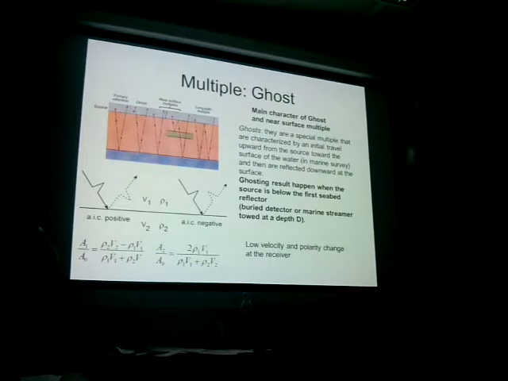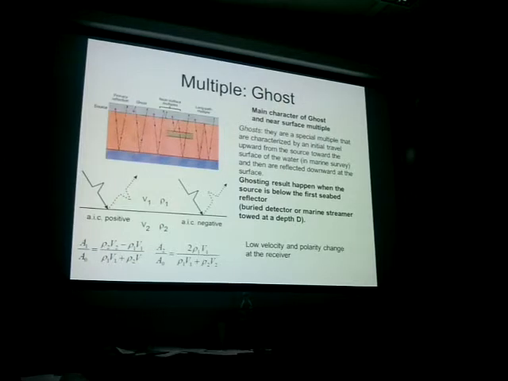When you have a medium, rho 1 v1, that has a higher velocity than the one below, rho 2 v2, what do you get in terms of impedance factors? So you get a change of polarity. Every reflection that goes up and then comes back is going to store, as information, a change of polarity in amplitude.